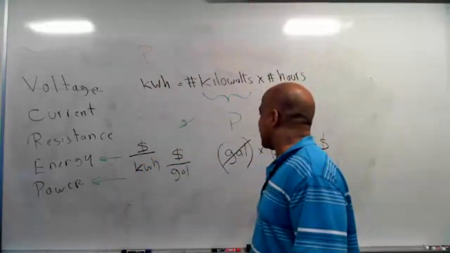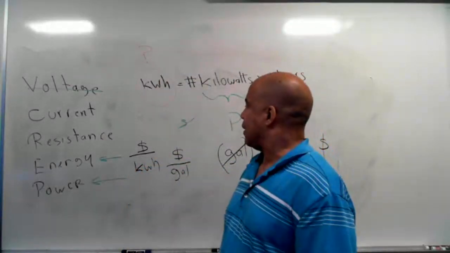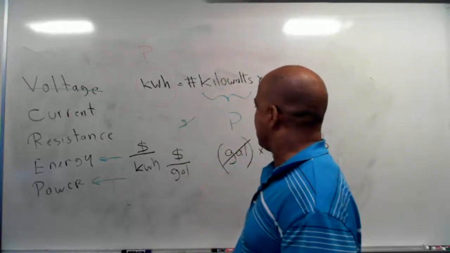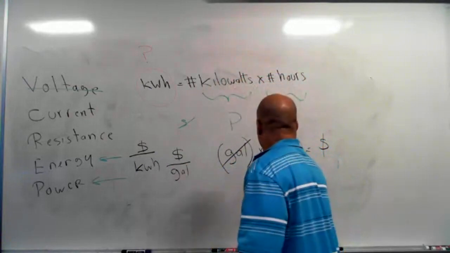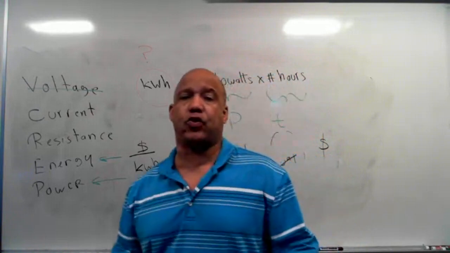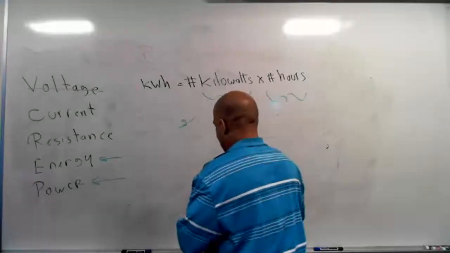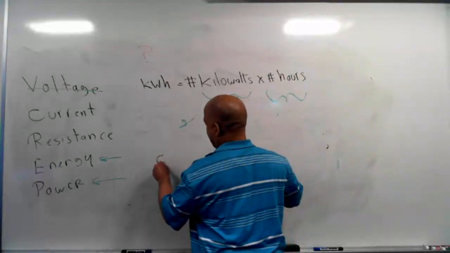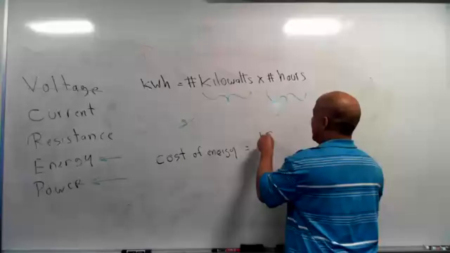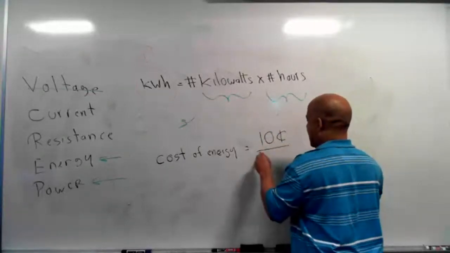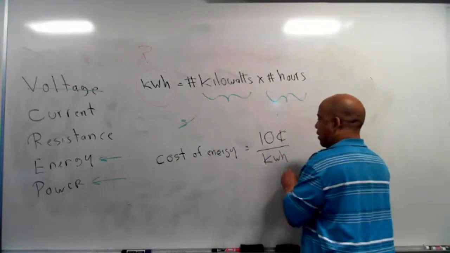So I want you to think about something. Let's make an assumption. What I'm going to say is true only for this class. We're going to assume, for purposes of this class, the cost of energy is 10 cents per kilowatt hour.